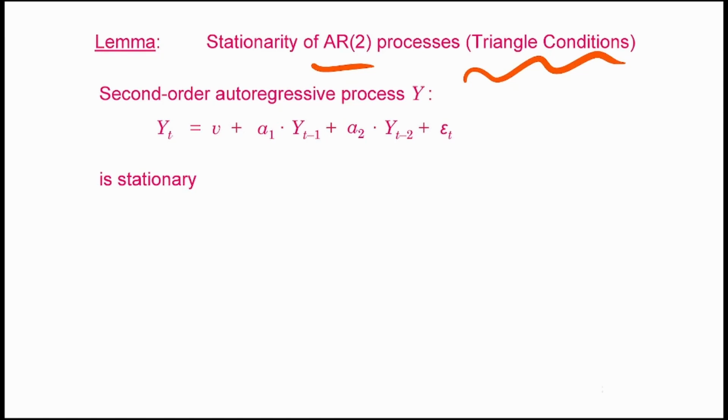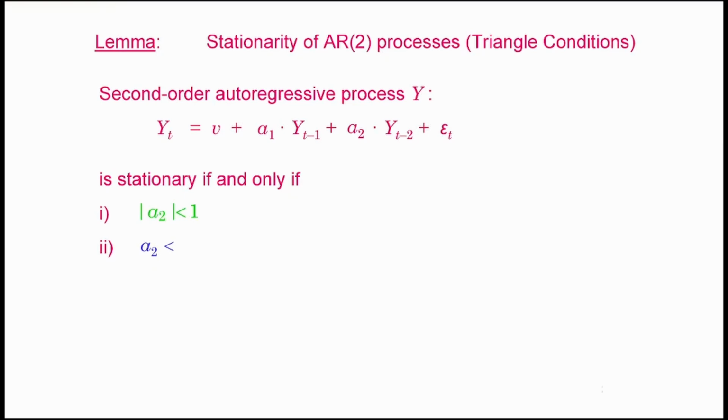And if just one is not satisfied, then the process is not going to be stationary. I'm going to show you what these triangle conditions are. The first triangle condition is that the absolute value of a2 is less than 1. The second is that a2 is strictly less than 1 plus a1. And the third is that a2 is strictly less than 1 minus a1.